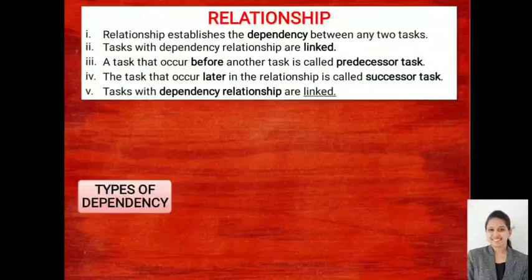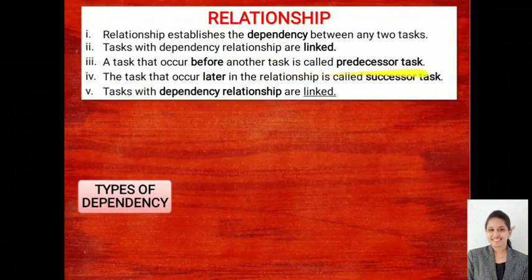A task that occurs before another task is called a predecessor task, and the task that occurs after is called a successor task. For example, for my excavation, which is the predecessor? Obviously it will be my layout, right? Layout and column positioning will act as my predecessor activities.